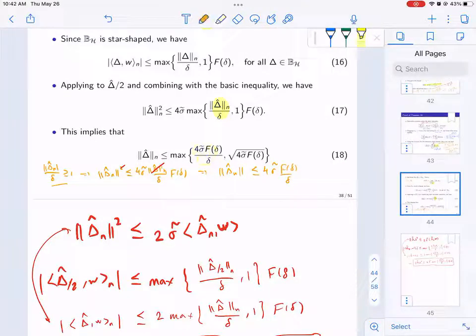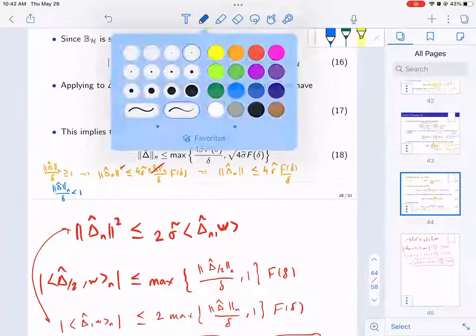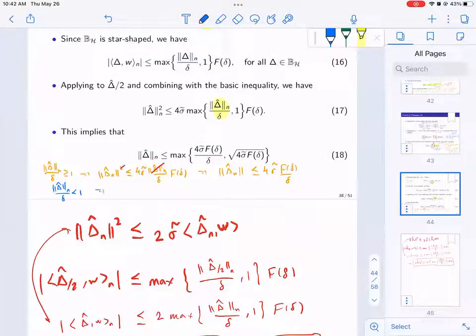And then the other case is where delta hat n is less than 1, then the dominant term would be 1.